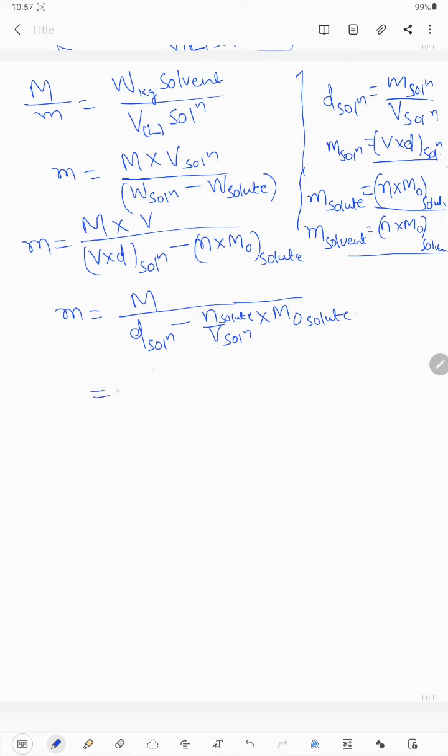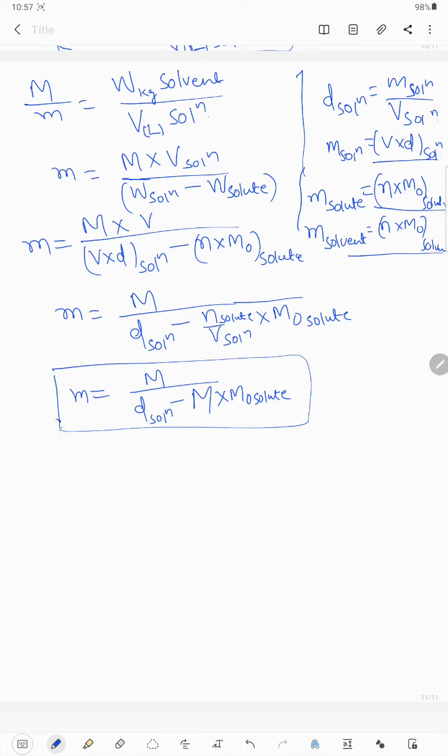Finally, M divided by d of solution minus, number of moles of solute divided by volume of solution, which is again molarity into M naught of solute. So this is the relation between molarity and molality: molality is equal to molarity divided by density of solution minus molarity into molecular mass of solute.